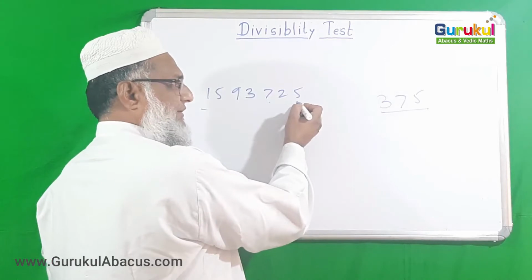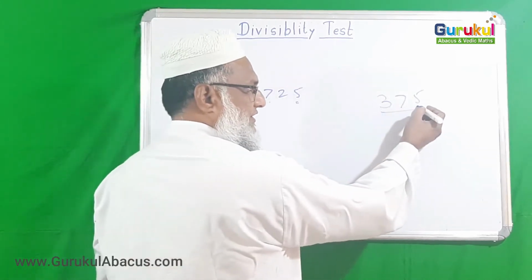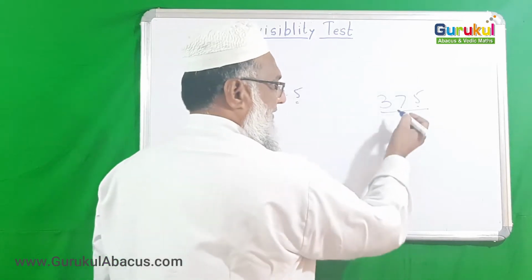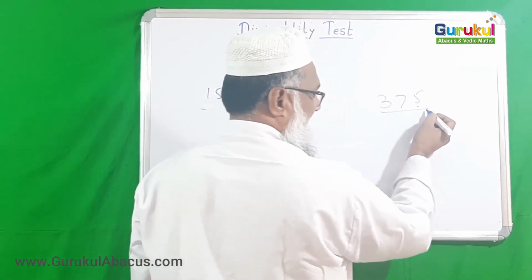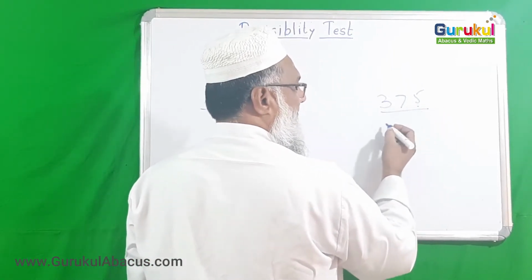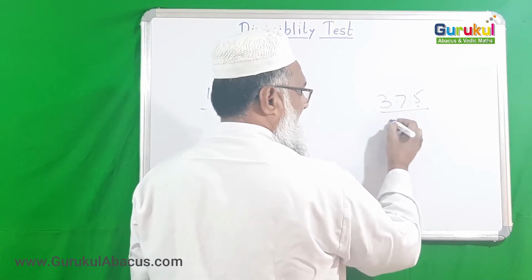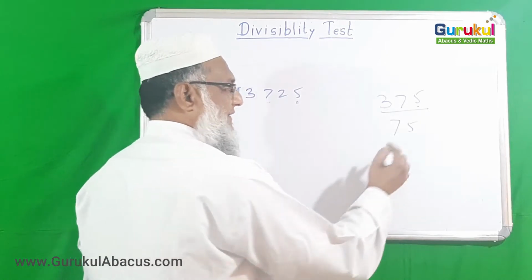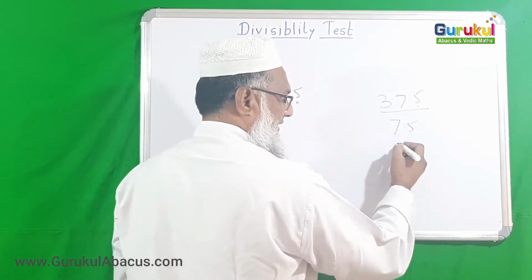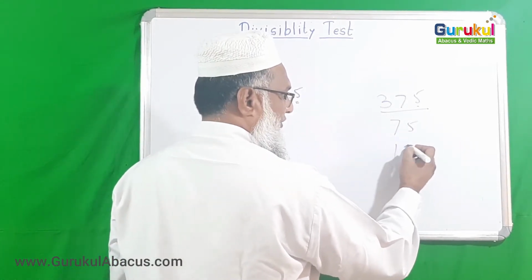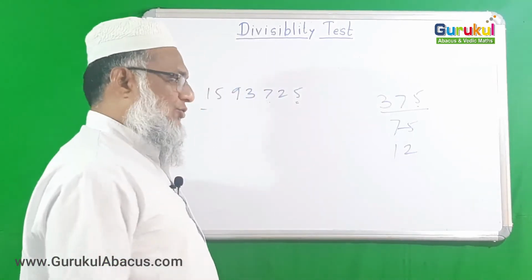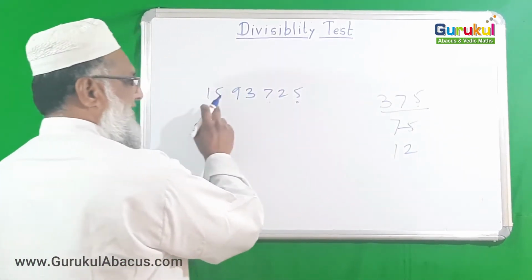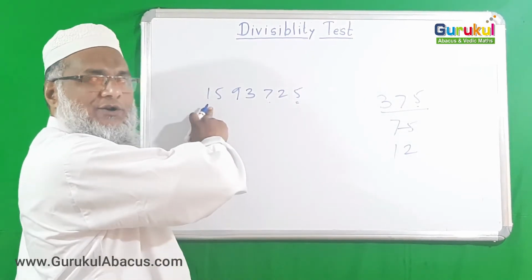This is ending with 5, so this is exactly divisible by 5, I know. So firstly I want to divide it by 5. If I divide it by 5, I am getting 75. So again I can divide 75 by 5. I am getting now 12. So now my task is what? Just see whether this number is exactly divisible by 12 or not.